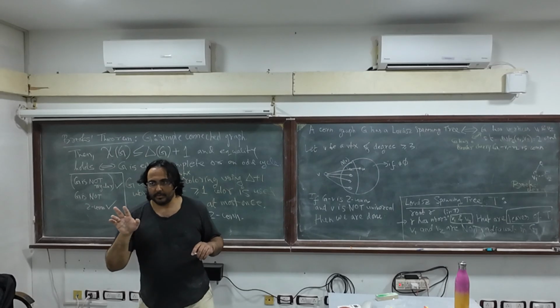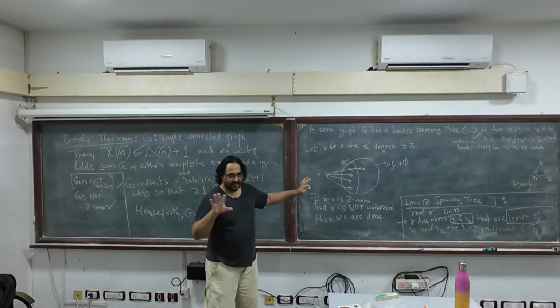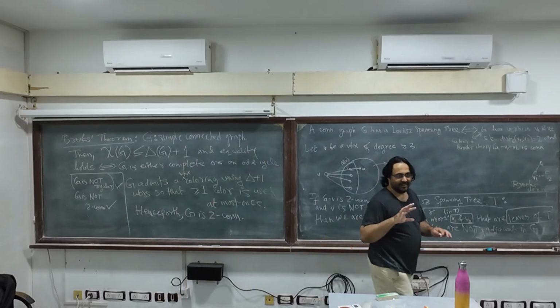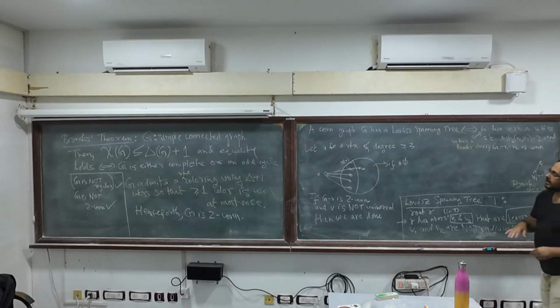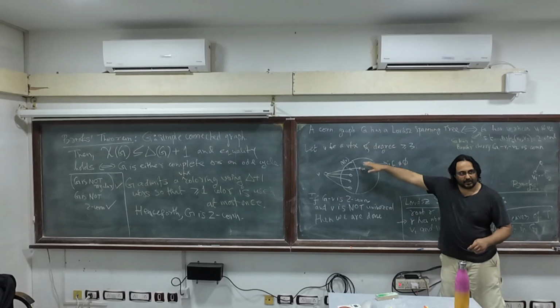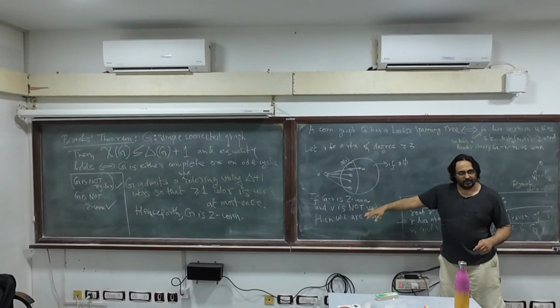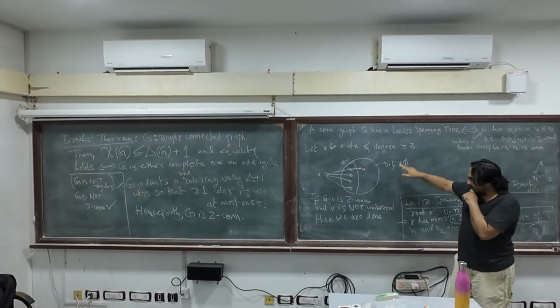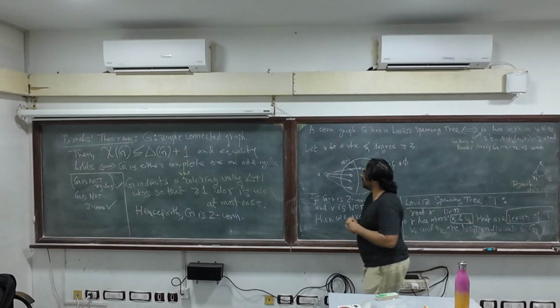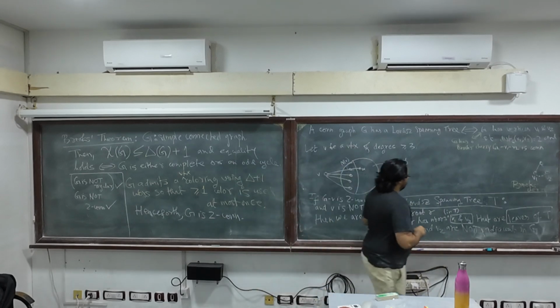So there are many ways to finish the proof, right? There are a lot of pathways to finish the proof here. So I'm going to go somewhat in that direction. So now let's suppose that the assumptions we made do not hold. What does it mean? We took a vertex of degree at least 3 that is not universal. Universal means joined to everybody else.